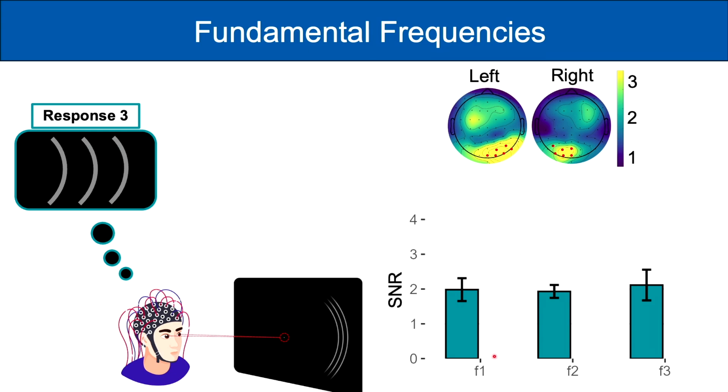This graph shows a result from the average of the best 6 electrodes over the left and right hemifield. When participants report perceiving 3 arcs, we see all three frequencies being represented equally, so there's no significant difference in their signal-to-noise ratio.